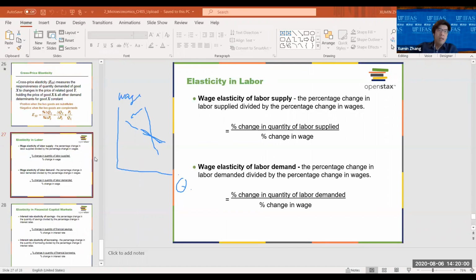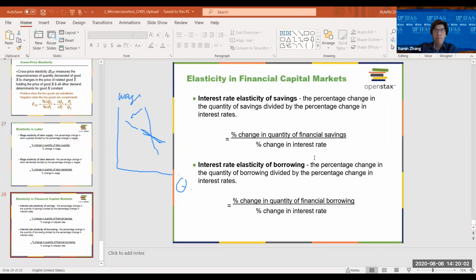And similarly, we should not call this price elasticity, but we can call it the cost elasticity or the interest rate elasticity. I created that word, but it is trying to measure the responsiveness of the quantity of financial capital to a change in the interest rate, the elasticity of borrowing.